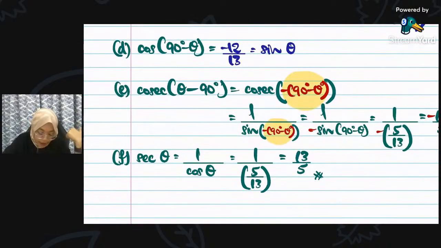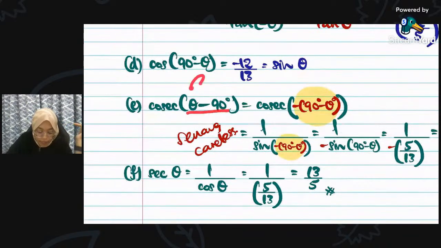And this one is careful sebab saya first time saya buat pun saya senang careless lah. Kenapa this one senang careless? Sebab dia bukan 90 minus theta. It's given to you all as terbalik, theta minus 90 degree. So you gotta factorize the negative out.